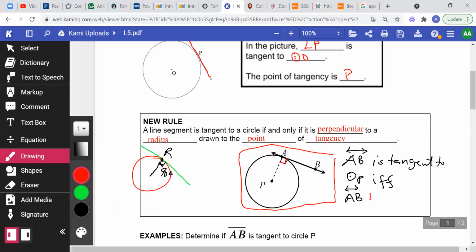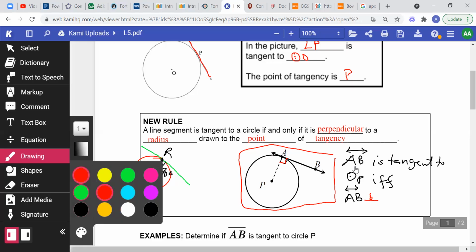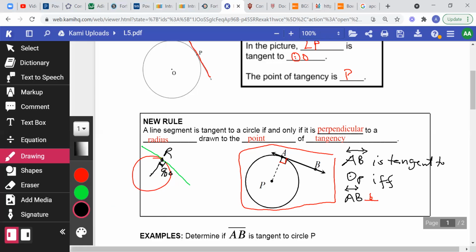This shows perpendicularity. AB is a line, that's why we have that bar and the two arrows. And AP is just a line segment, meaning it has a beginning and end point.